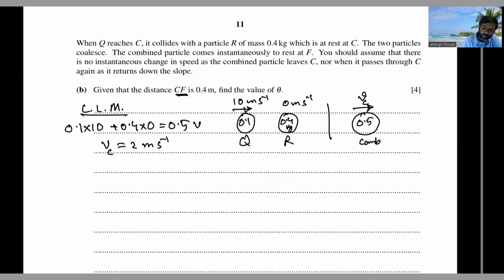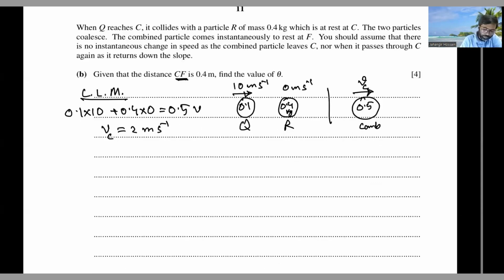So we have KE loss equal to PE gain. Why this one?